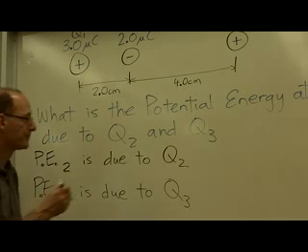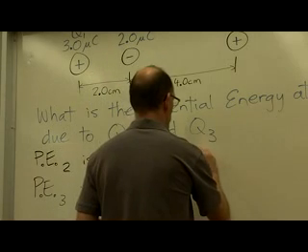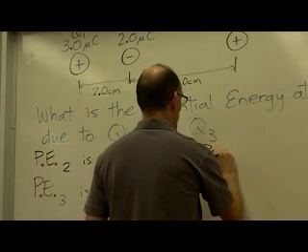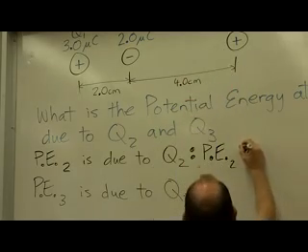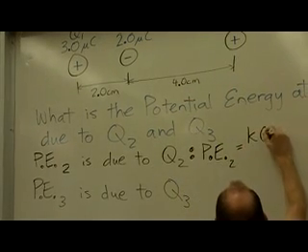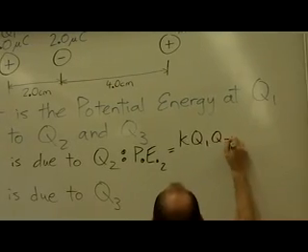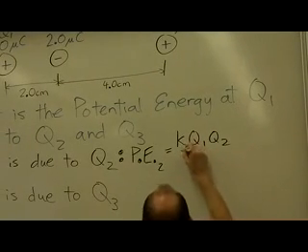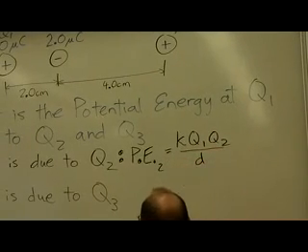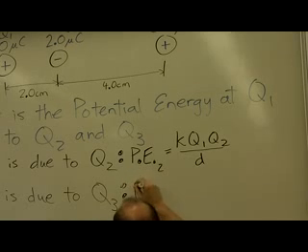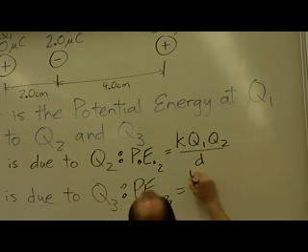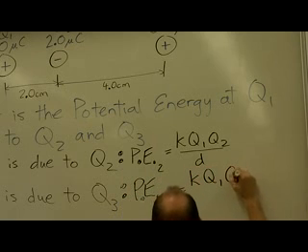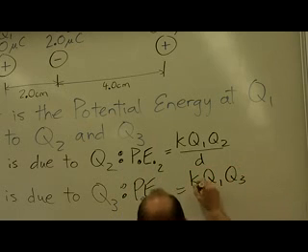So here we go. Potential energy 2 is equal to K Q1 Q2 divided by D. And then potential energy 3 is K Q1 Q3 divided by that other distance.